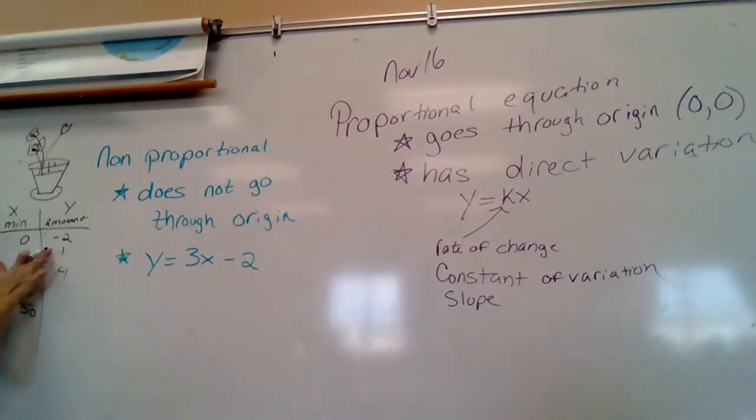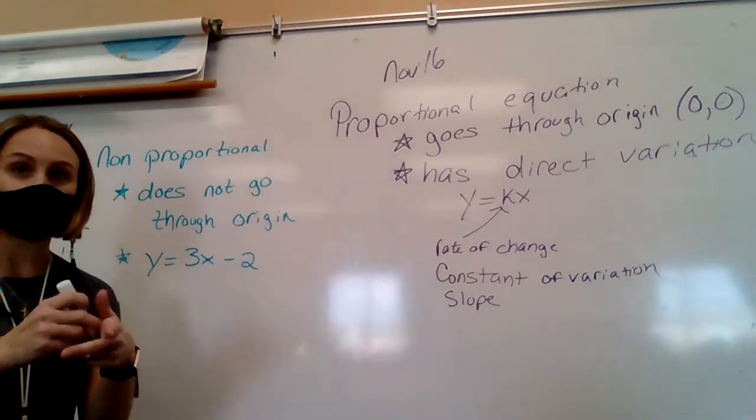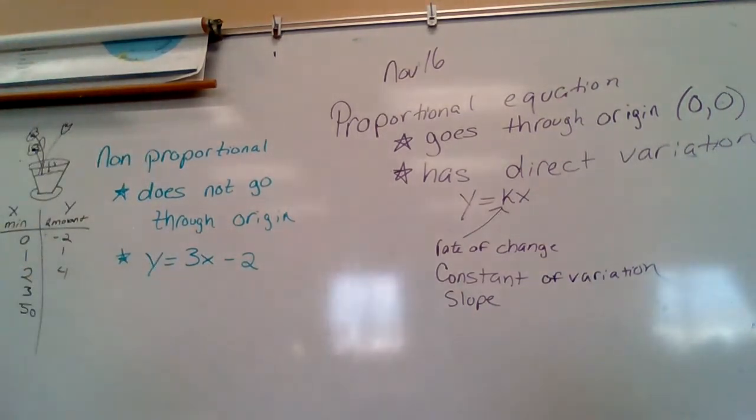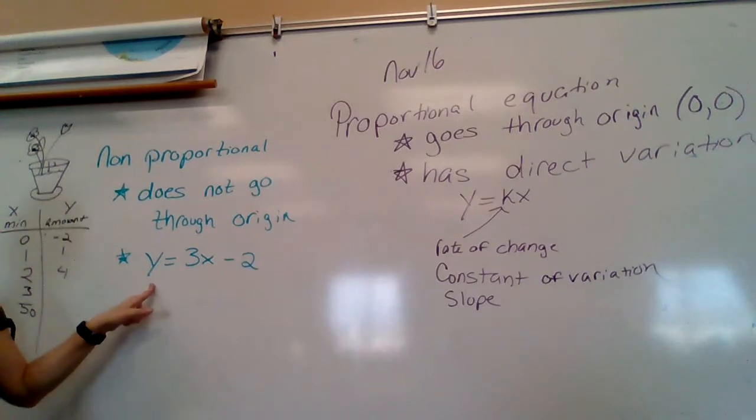Yeah, because 3 times 1 minus 2. Do you see, Luke? So the x and the y are placeholders so we can find out information. If I asked you how tall it was after 50 minutes, you could just do 3 times 50 minus 2, and that will tell you how tall the snow is.